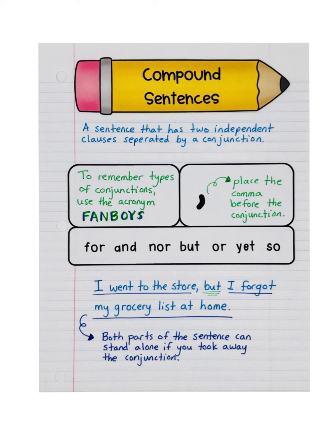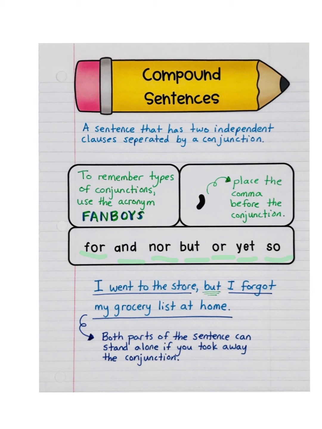To remember types of conjunctions, we use the acronym FANBOYS, and we always place the comma before the conjunction or fanboy words. FANBOYS stands for: for, and, nor, but, or, yet, and so.